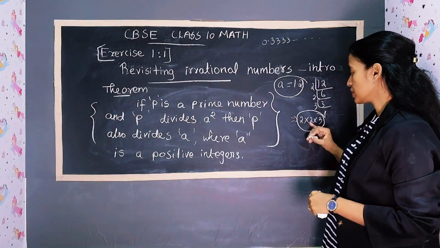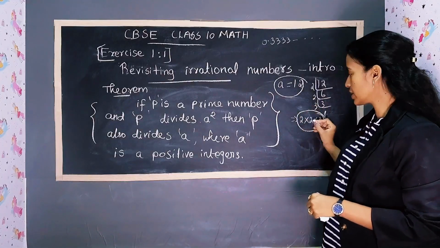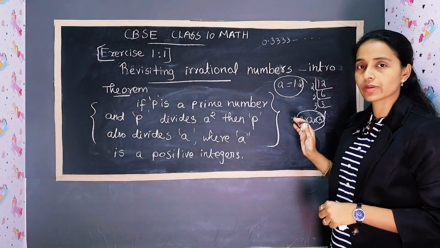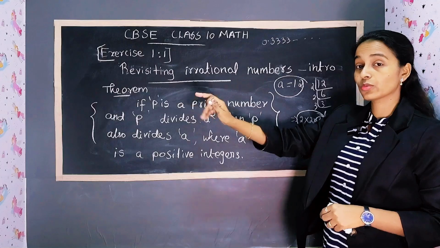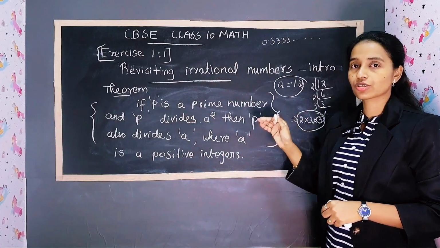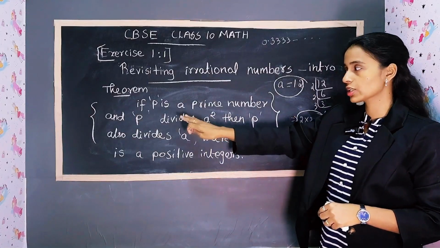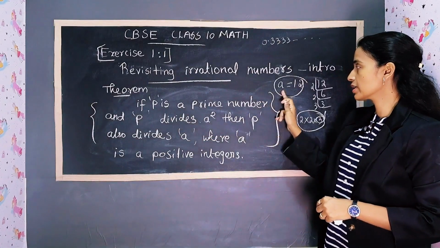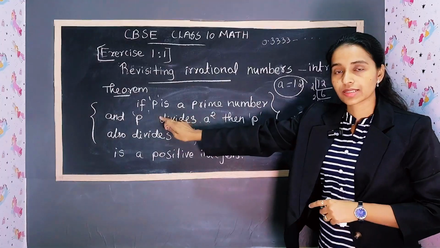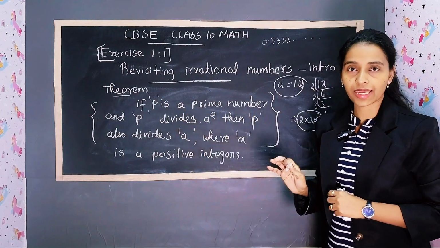Here this 2 is a prime number, 3 is a prime number. I am considering only 3. You can take any prime number. Here this p represents one of the prime factors of this particular a.